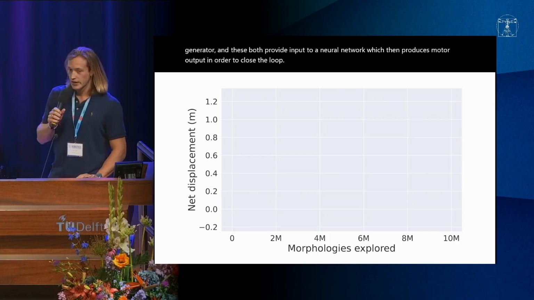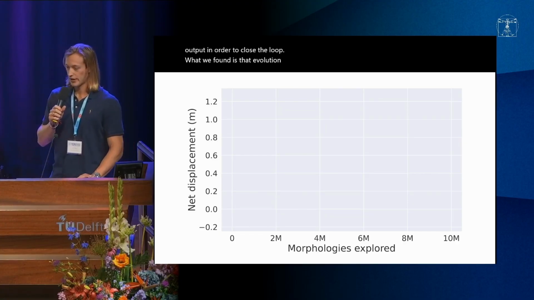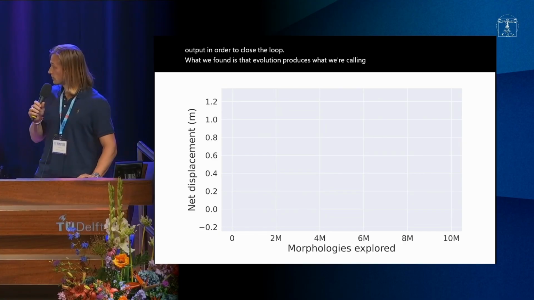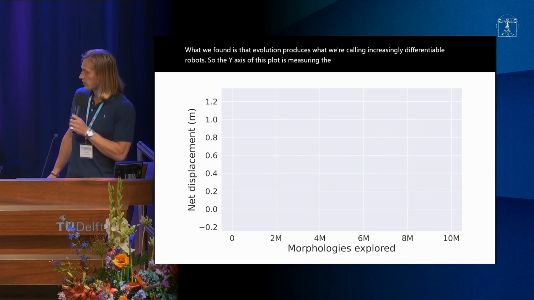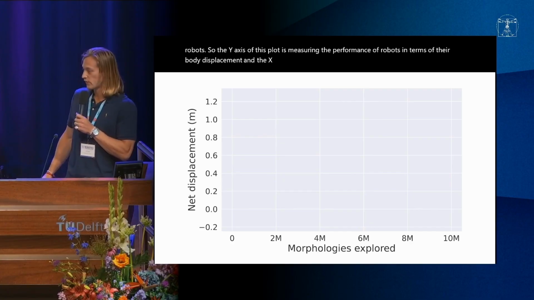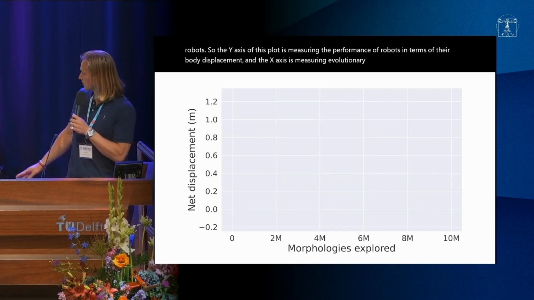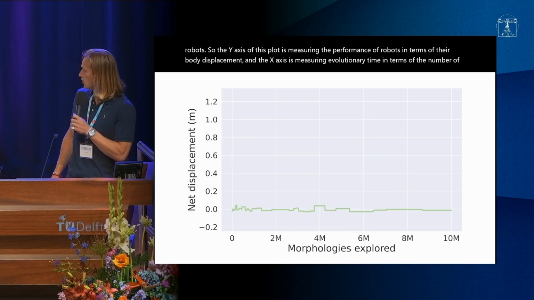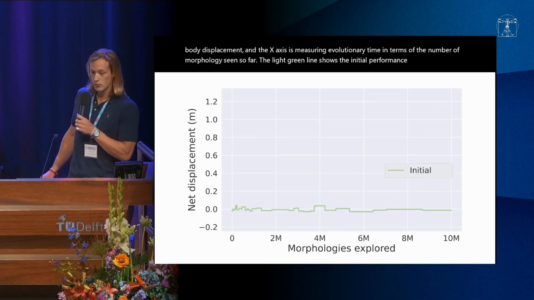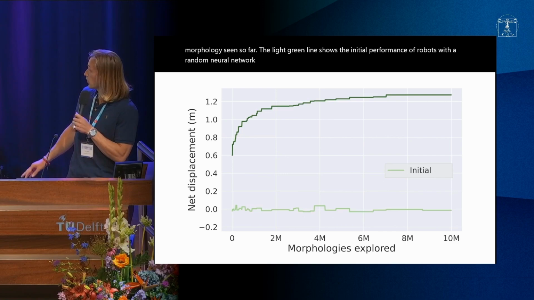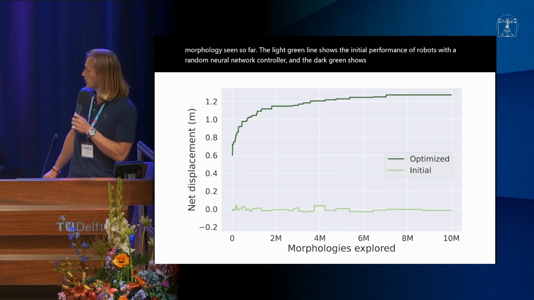What we found is that evolution produces what we're calling increasingly differentiable robots. The y-axis of this plot is measuring the performance of robots in terms of their body displacement, and the x-axis is measuring evolutionary time in terms of the number of morphologies seen so far. The light green line shows the initial performance of robots with a random neural network controller, and the dark green shows optimized performance after learning.